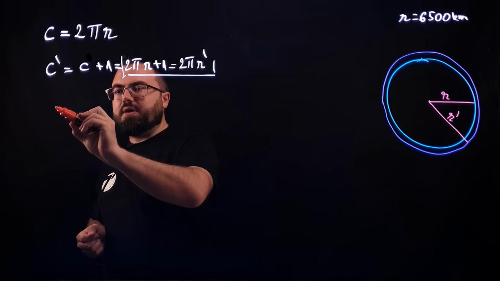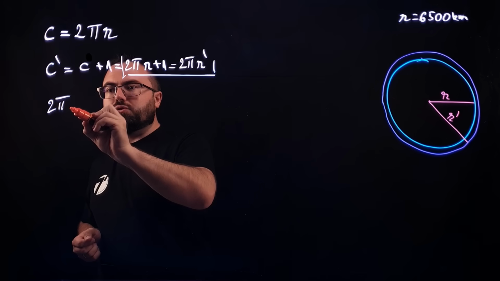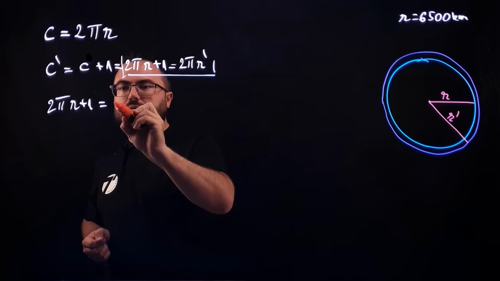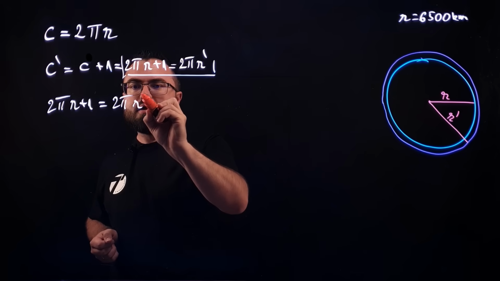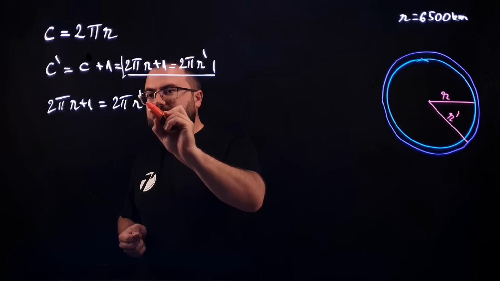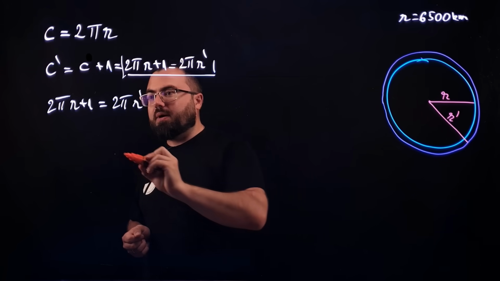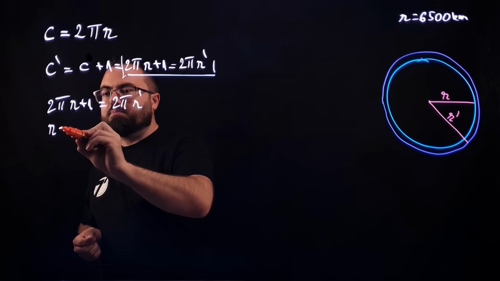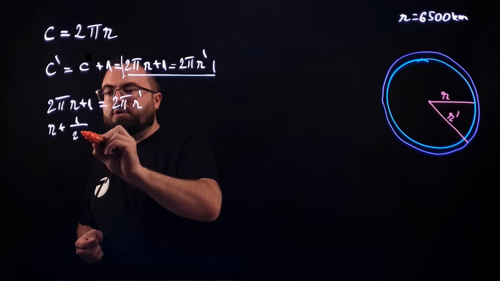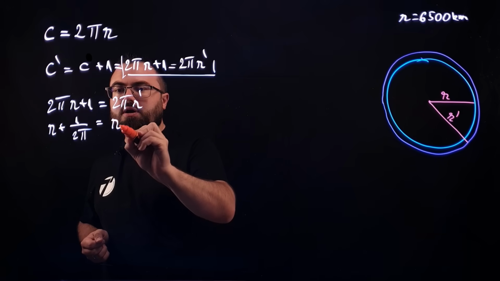We take this further here and let's write it again. 2 pi r plus 1 equals 2 pi r prime. We can divide both sides by 2 pi and we get r plus 1 over 2 pi equals r prime.